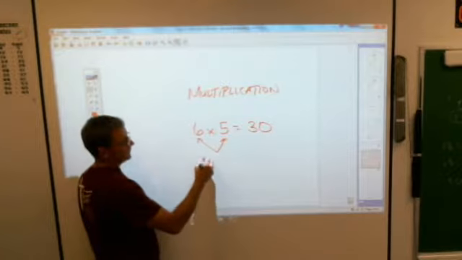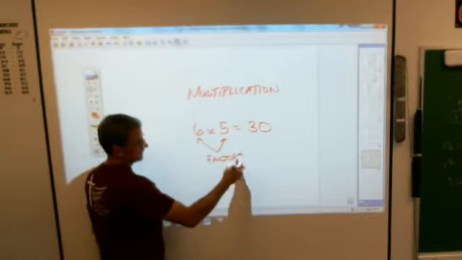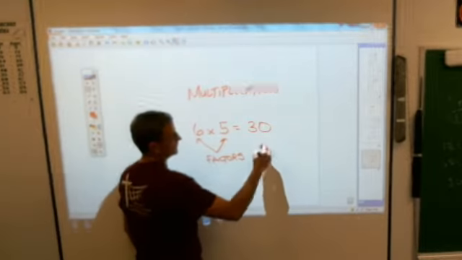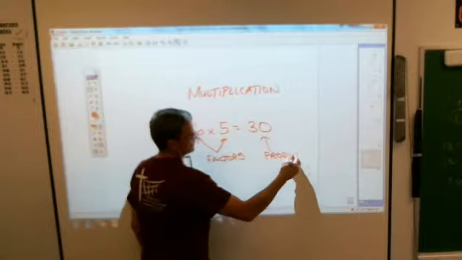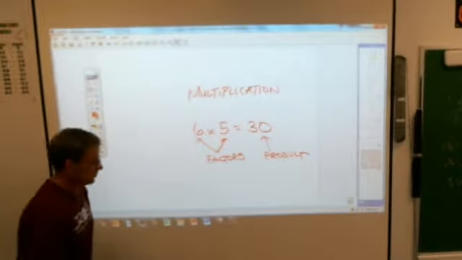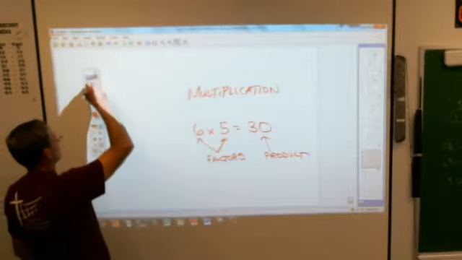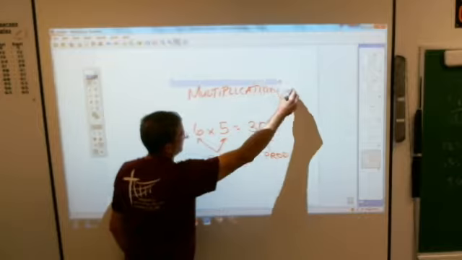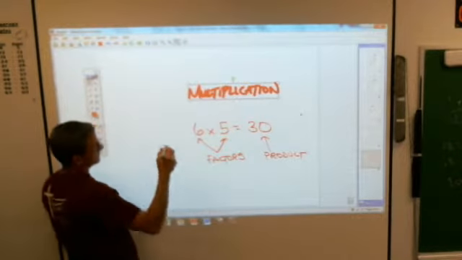Those two things are called the factors. And the answer is called the product. Just so you have it in your notes. Everybody good with that? I don't want to go too slowly.